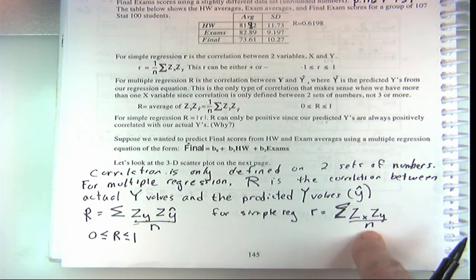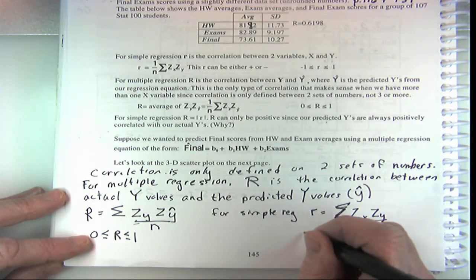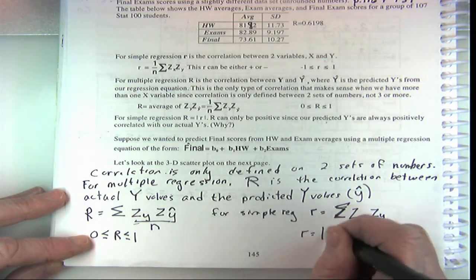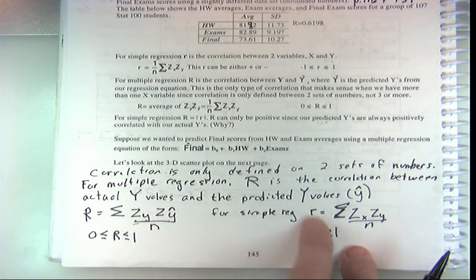So it's the average of their products. We did this. And here, for simple regression, the multiple R is equal to the absolute value of r. So you could do it this way for simple regression, but it's always positive.